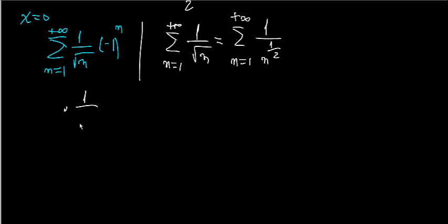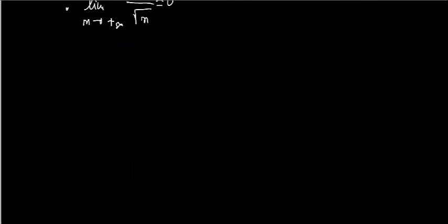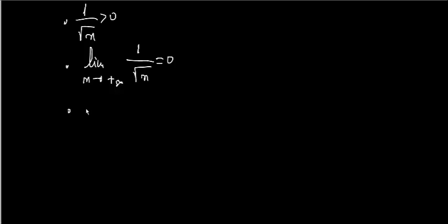First of all, I must show that 1 over square root of n is positive, of course it is, because n belongs to the set of the natural numbers. Quite simple to understand. Now I'm going to find the limit when n approaches plus infinity of 1 over square root of n, and this limit equals 0. And now I'm going to show, and I think it is very easy to understand, that 1 over square root of n plus 1 is less than 1 over square root of n.